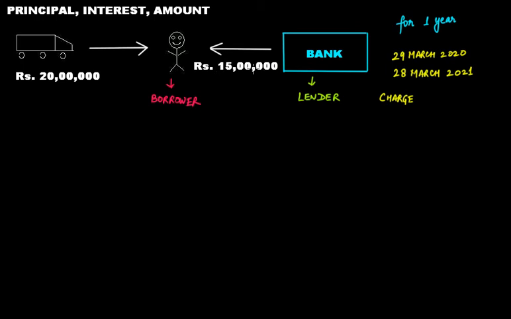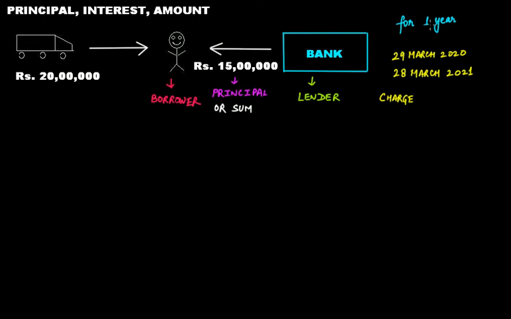The amount borrowed from the bank, or the amount that the bank lends to you, is called principal. Sometimes it is said sum, but more often than not, we usually call it principal.